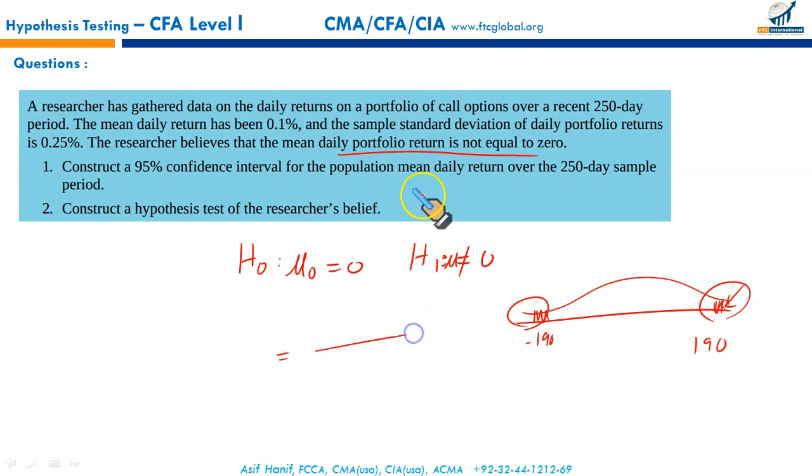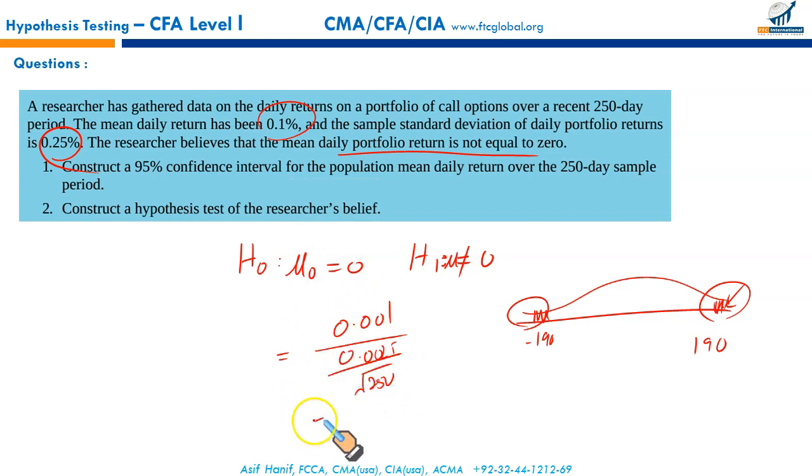So we have the mean daily return, that is 0.1%. If you remove the percentage sign, it's going to be 0.01 divided by the standard deviation, removing the percentage sign, 0.025, divided by the square root of the sample size.